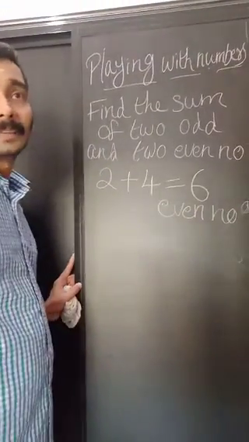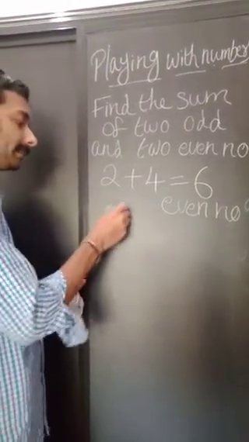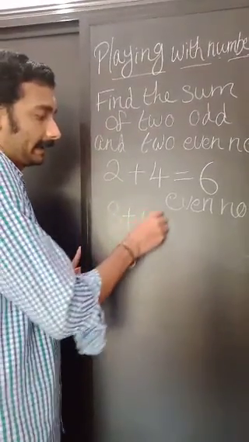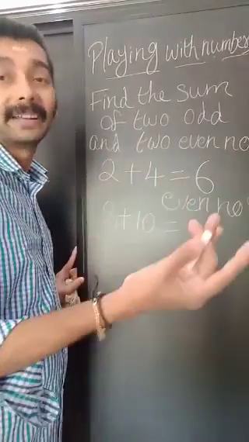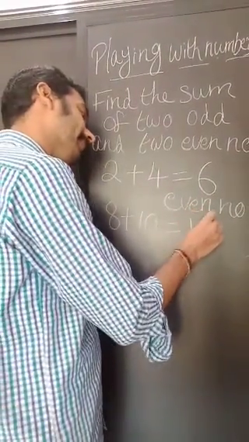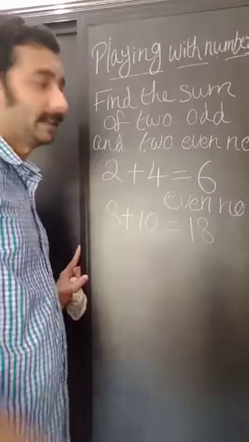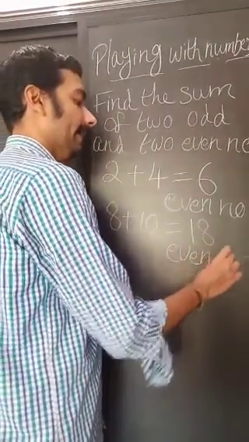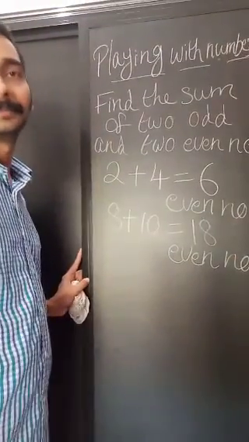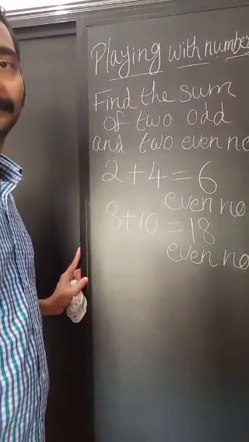Then another example, 8 plus 10. 8 is an even number, 10 is another even number. The result is 18. It is also an even number. Clear? Okay.